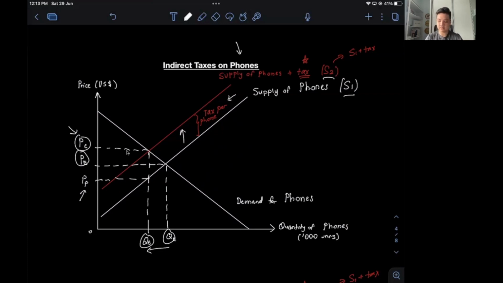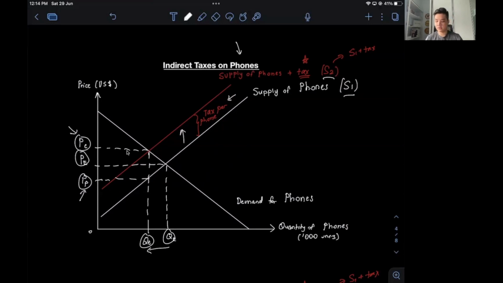And this PC stands for the price that consumers pay. Similarly, if you're a phone producer, you need to pay a fraction of the price you receive to the government as a tax. And therefore, the price you actually receive as a producer, also known as PP, is lower than the equilibrium price.